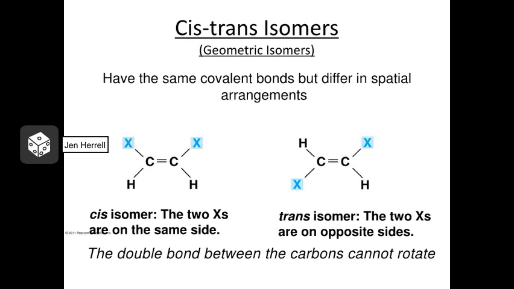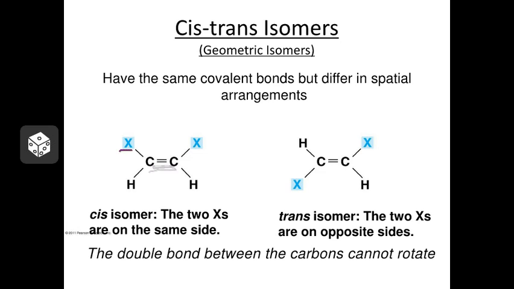Cis-trans isomers are also known as geometric isomers, and they have to do with the arrangement of atoms around a double bond in a carbon chain. So here, for instance, we have two carbons that are bound together with a double bond. Now, the formation of that double bond locks the atoms around the bond into place, so they can't move around once they're there.